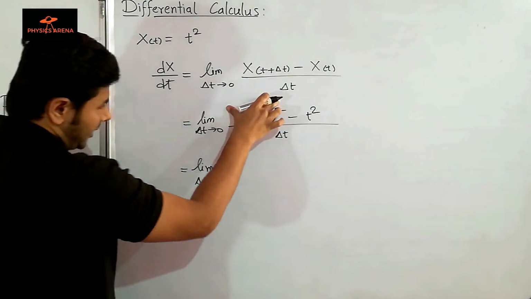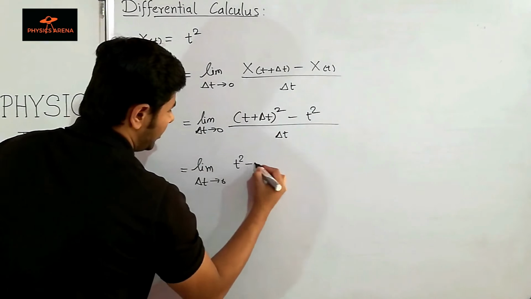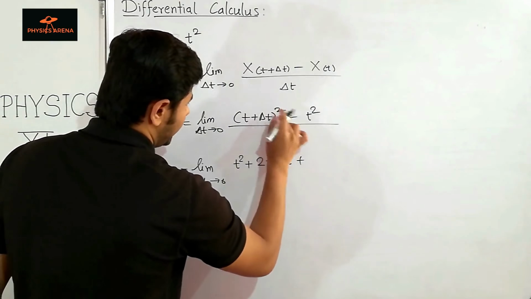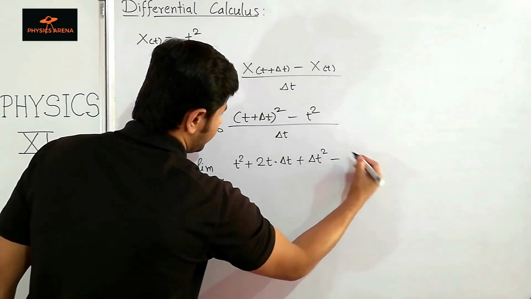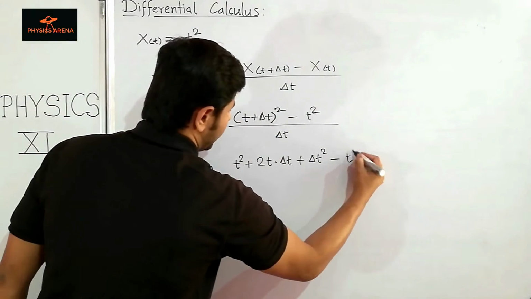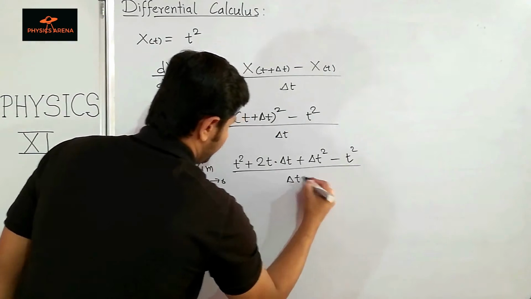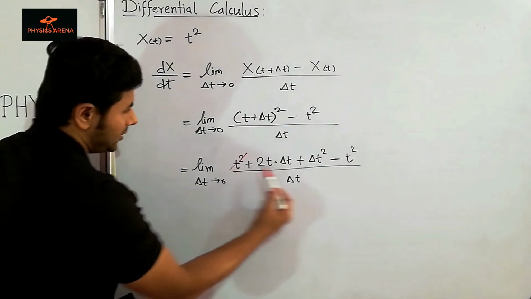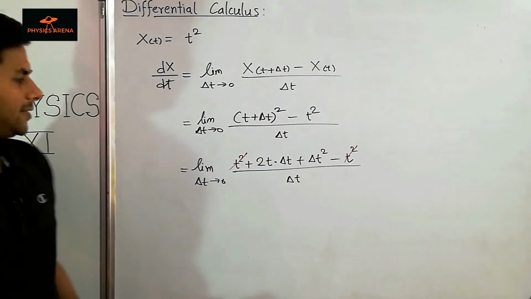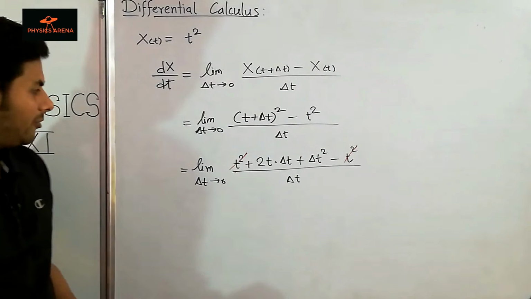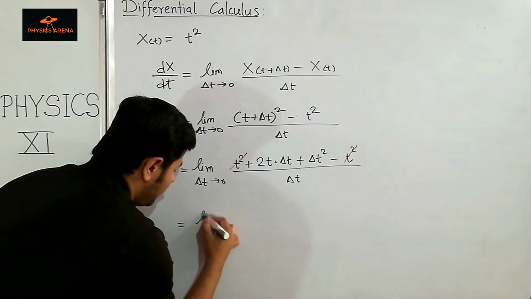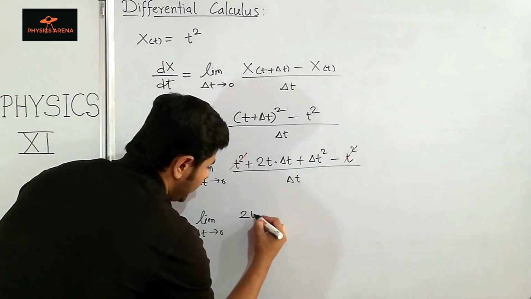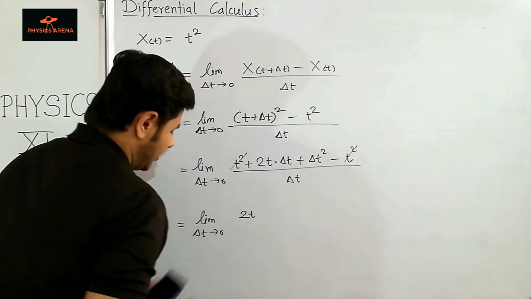Now let's just expand this. So we get t square plus 2t into delta t plus delta t square minus this t square, divided by delta t, and you can see that this t square and t square get cancelled and we are left with limit delta t tends to 0 of delta t times 2t plus delta t divided by delta t, after taking delta t common from the numerator.